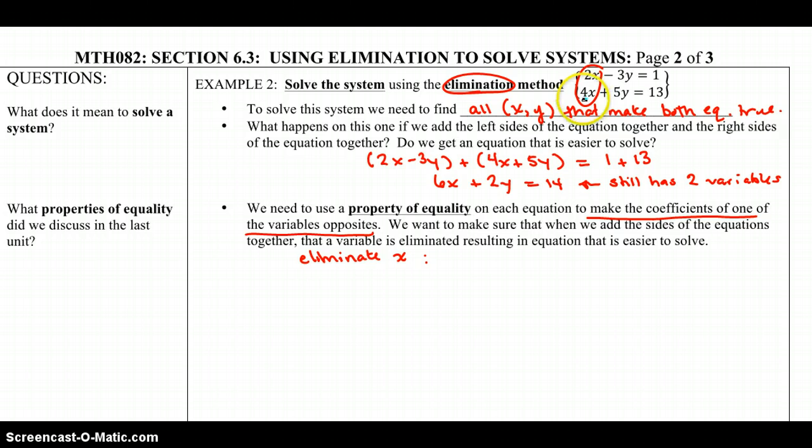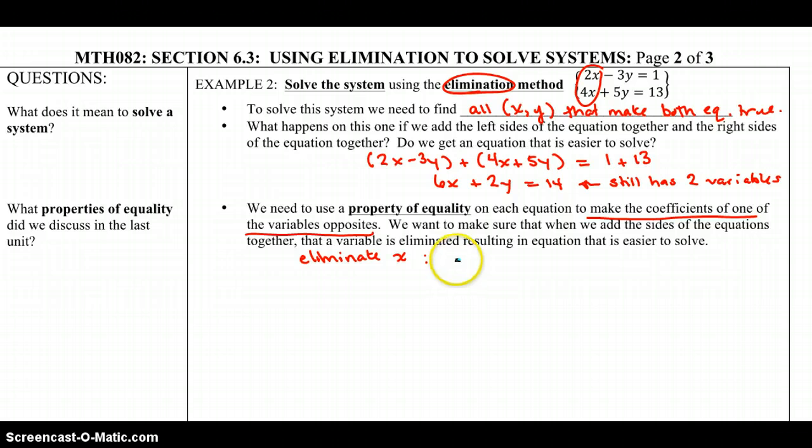So here we have a coefficient of 4, and up here we have a coefficient of 2. And now it would be much nicer if this coefficient were negative 4, because a negative 4 and positive 4 would be opposites. And to get a 2 into a negative 4, we would need to multiply by negative 2. Okay, but we need to use a property of equality to make sure this equation is still equivalent to the one that we started with.